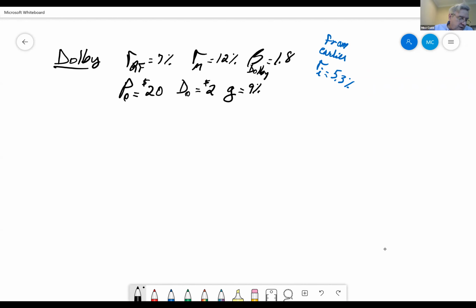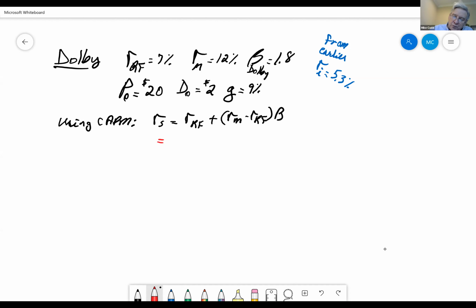Let's see. Using the CAPM, what would we get?